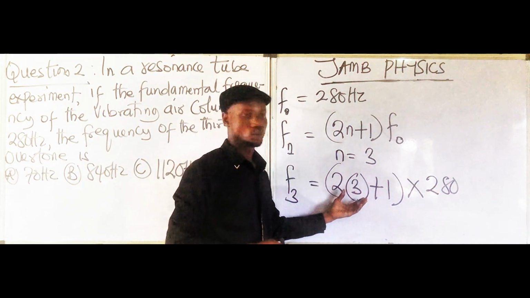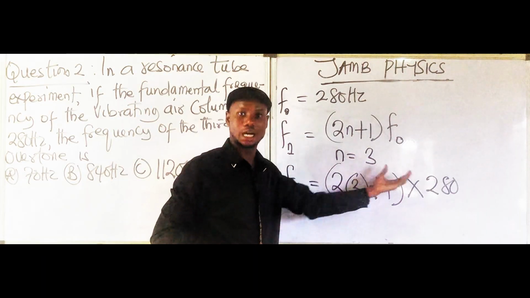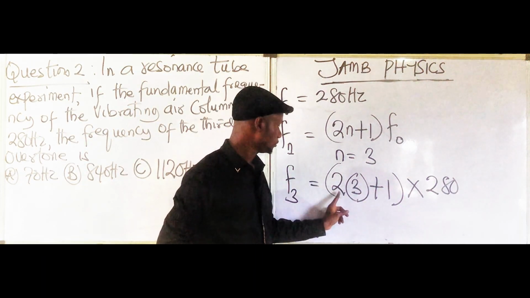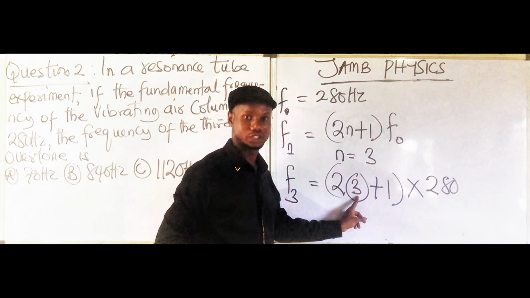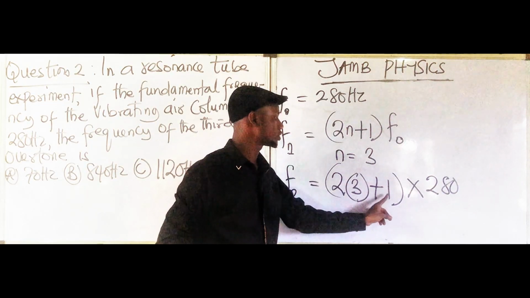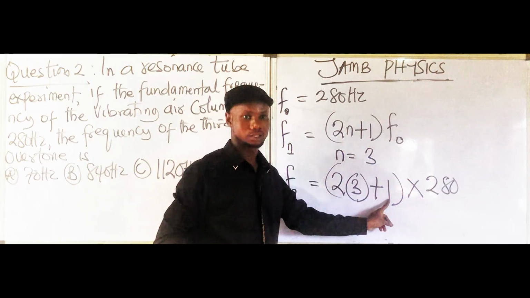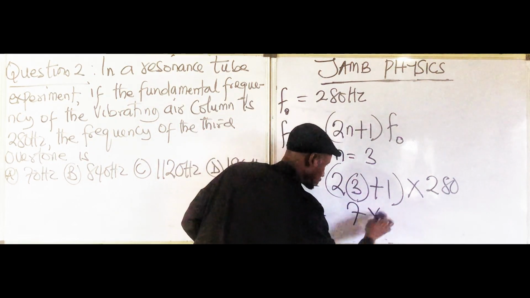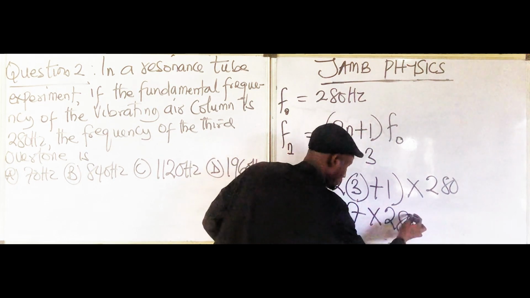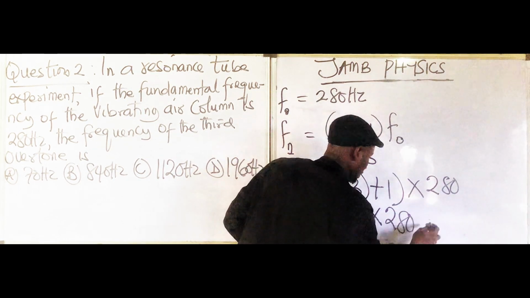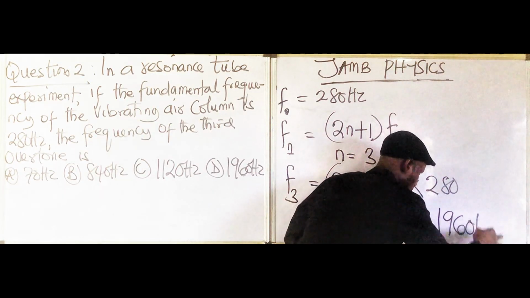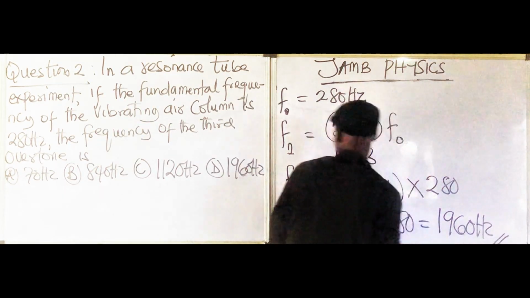In mathematics, we simplify what is inside a bracket first before the outside. So let's solve what is inside this bracket first. 2 times 3 will give us 6. 6 plus 1 will give us what, class? 7, right? So that means this is going to be 7 times what? 280. Please point your calculator. What is the answer, please? 1960 Hz. This is my answer here. Please take note of that.